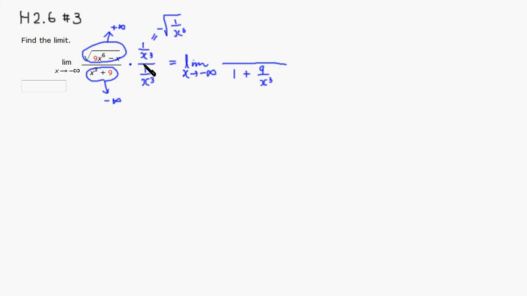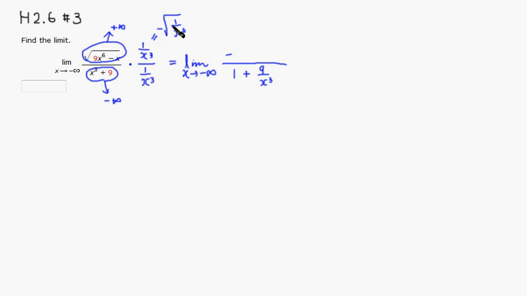So the square root term times 1 over x cubed is the same thing as negative square root of 1 over x to the 6th. You multiply the top together, so a negative sign should be out there.